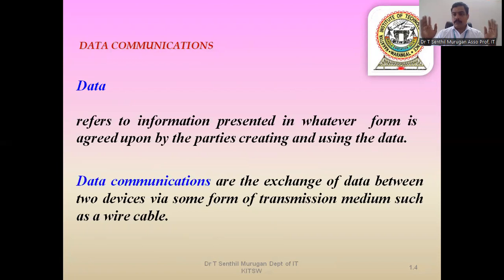If the two devices want to communicate with each other, we need some medium for connecting these two devices. It may be wired in a wired network, or it may be air in a wireless network. So that is data communication.